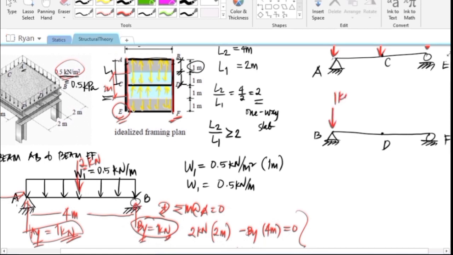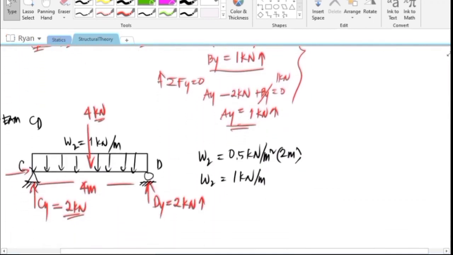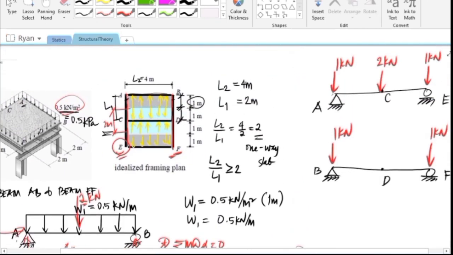This is just equal to FY, which is also 1 kilonewton. And the load coming from the point D is this. So DY, we transfer it to the girder, and this would be equal to 2 kilonewton.